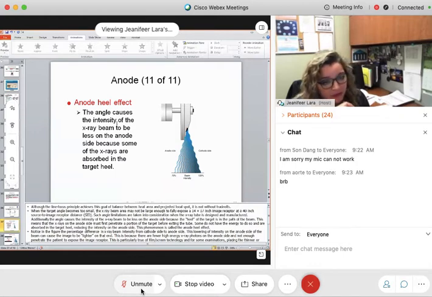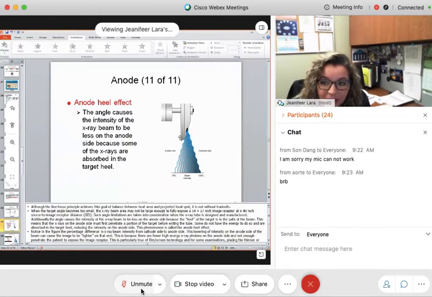So the angle causes the intensity of the X-ray beam, because now we have an X-ray beam in the effective focal spot. The heel of the anode, if you can see, is this little section right here made of molybdenum.